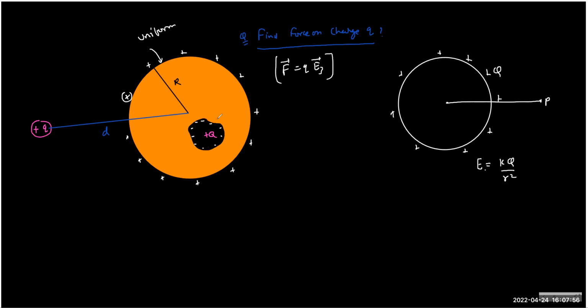So the outer world is not aware of the inner distribution. So the charge plus Q will only know the field of this charge, the spherical charge. Understood? So force will be equal to how much? Sir, KQq by D square.